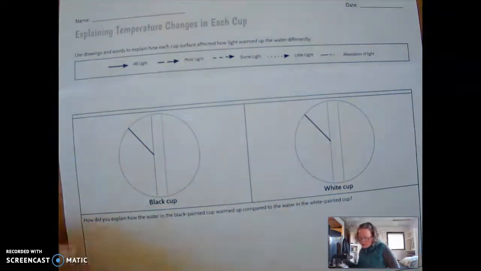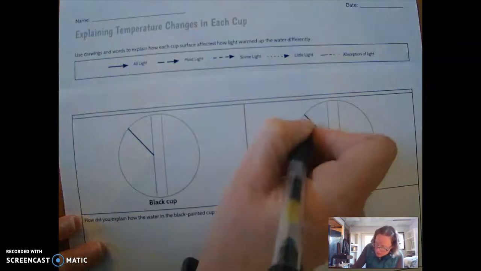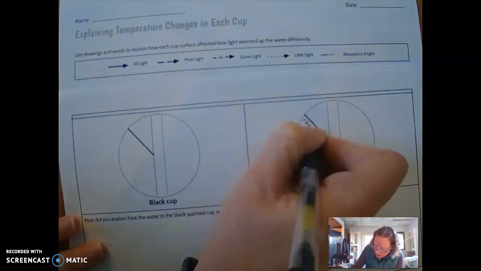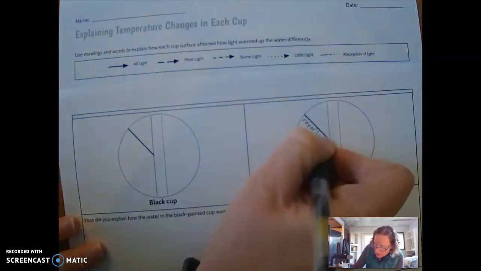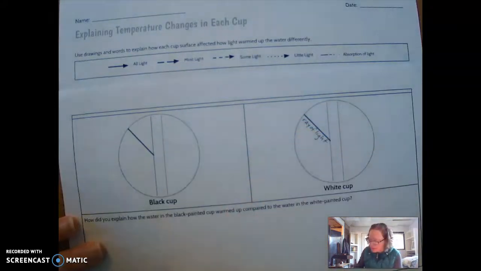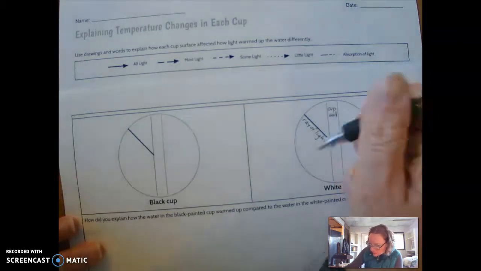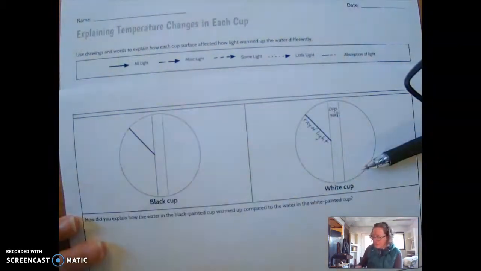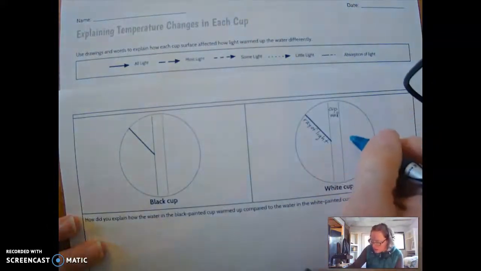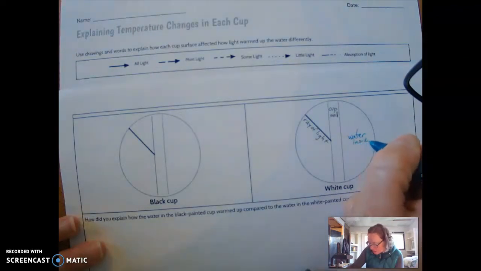So again, I'm going to need to label. This is my ray of light. Okay. This is my cup wall. Here's the water inside. Okay.